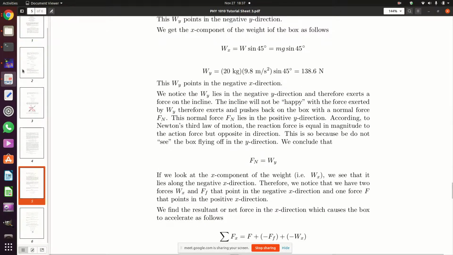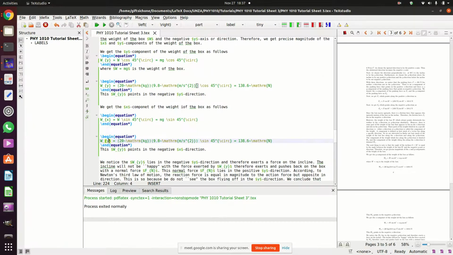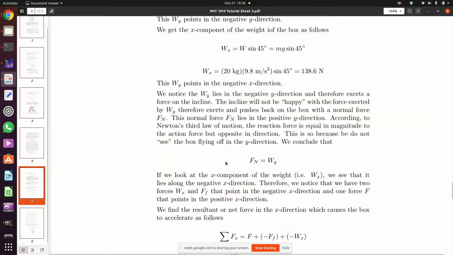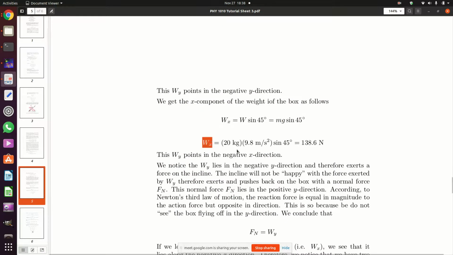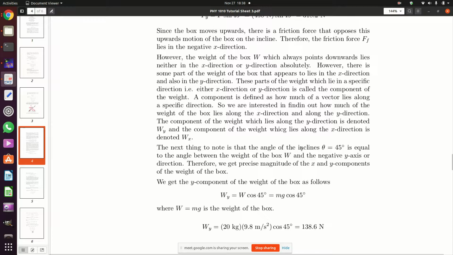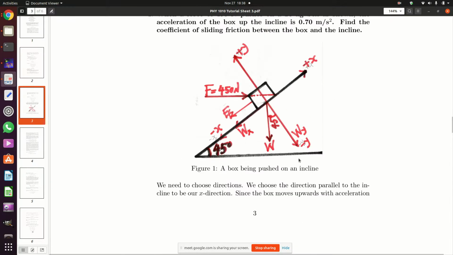Sorry, it's supposed to be Wx here. So Wx is also equal to this. So what do we have?